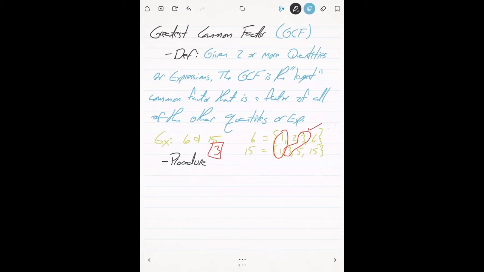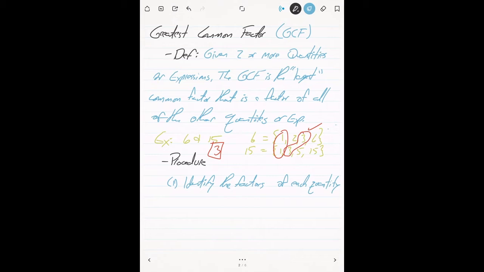If we went and listed a procedure for this, we could say that the first thing we need to do is identify the factors of each quantity.